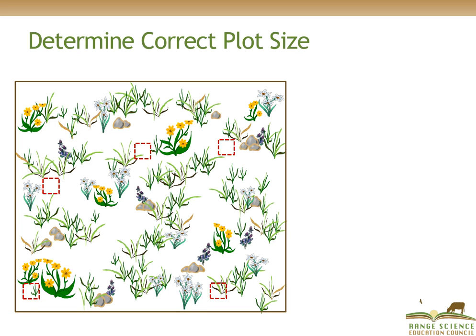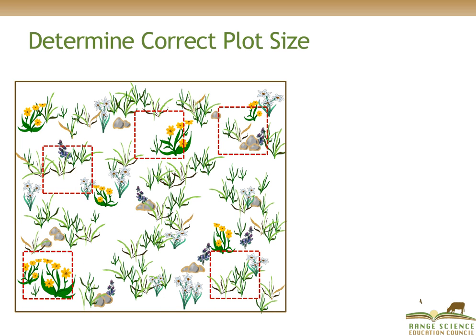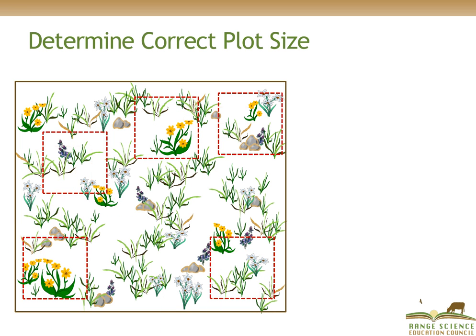The way we do this is by repeatedly estimating frequency using increasingly larger and larger quadrats. And we estimate frequencies for those species that we're interested in. Now we don't actually go out and repeatedly place different size quadrats on the ground. Generally what we do is we use nested quadrats.